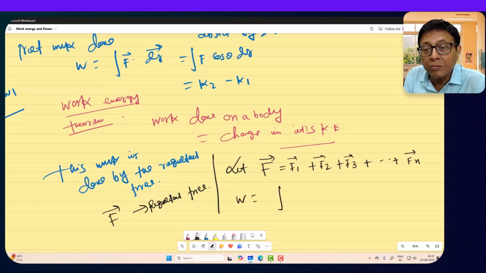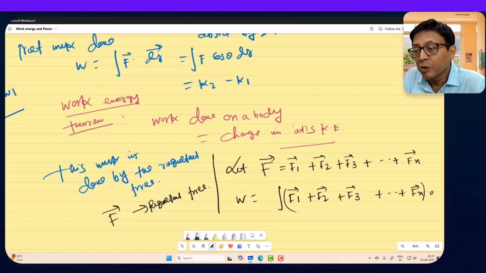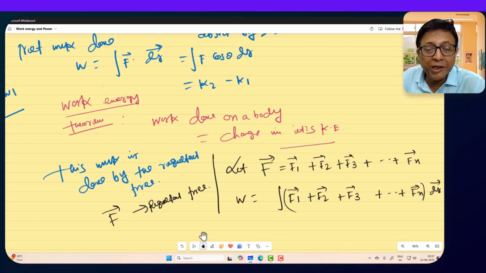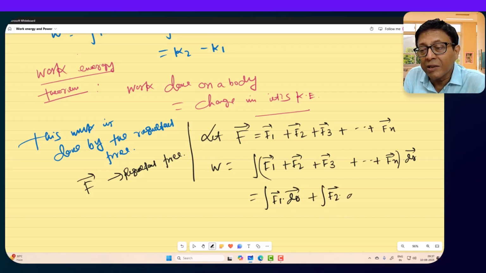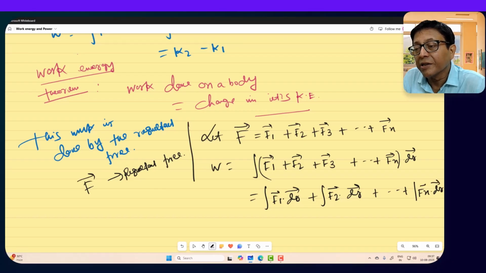W equal to (F1 plus F2 plus F3 plus this way Fn) dot dr. This is going to be equal to F1 dot dr plus F2 dot dr plus this way Fn dot dr.